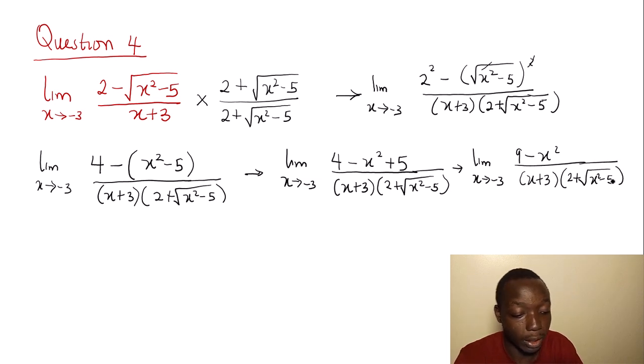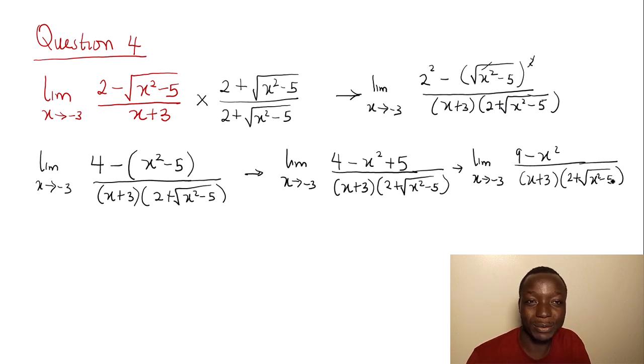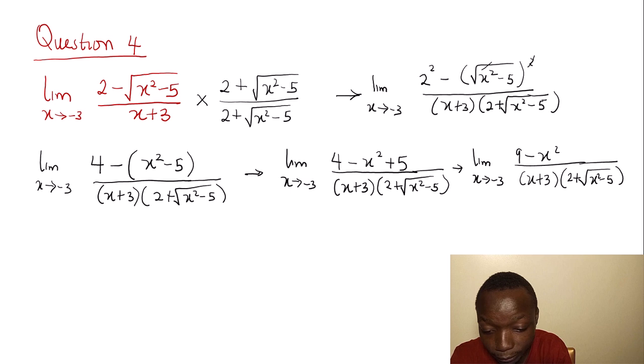Okay, so now you can see the difference of two squares in your numerator. You need to be very conversant with these concepts because you're going to recall them several times. So 9 minus x squared can be factorized into this.